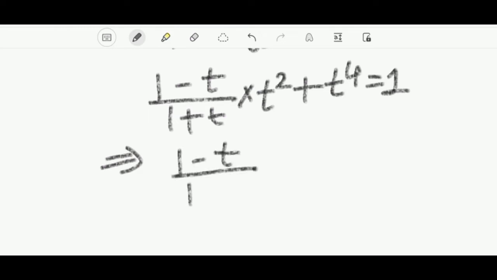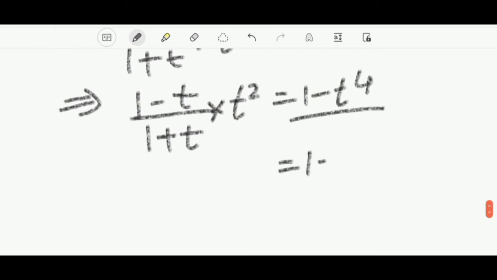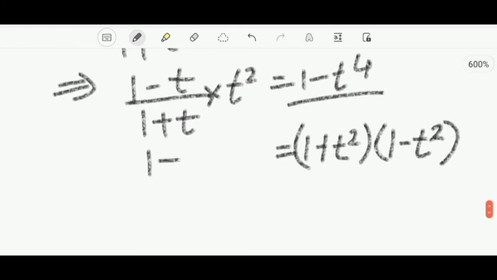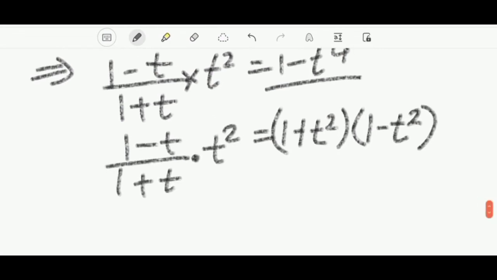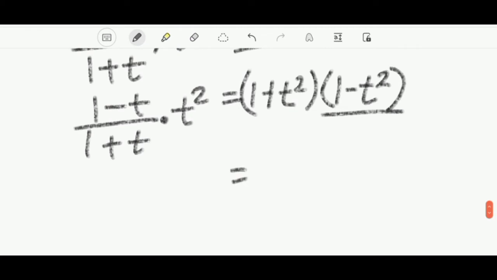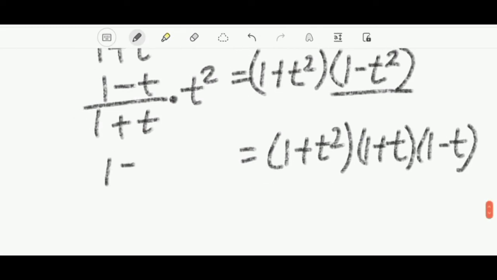Now we can factorize it, and we'll get (1 plus t square)(1 minus t square) on the left hand side, and (1 minus t) divided by (1 plus t) multiplied by t square. It can be factorized further, so we can write it as (1 plus t) multiplied by (1 minus t).